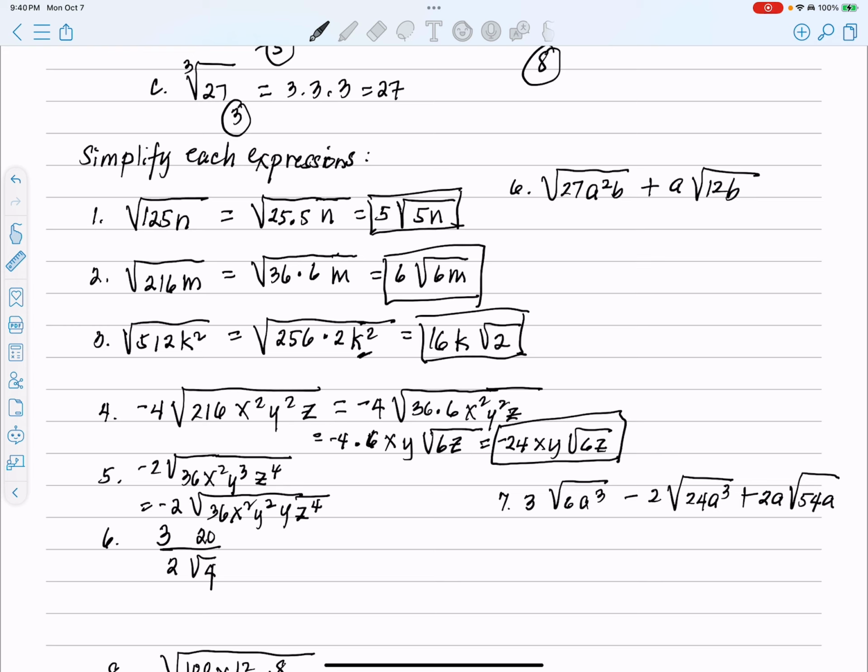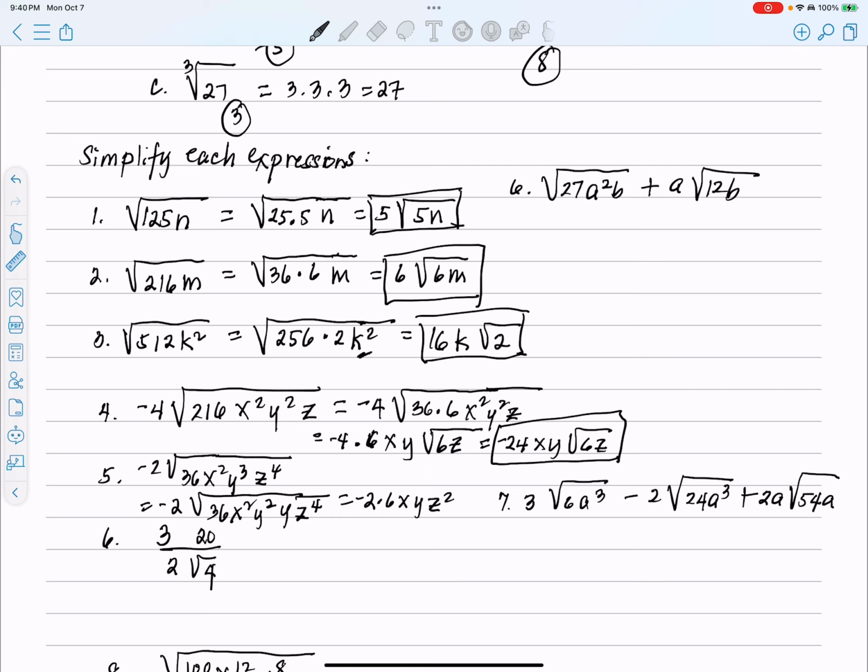So we have negative 2, square root of 36 is 6, square root of x squared is x, square root of y squared is y, and square root of z to the fourth is z squared.